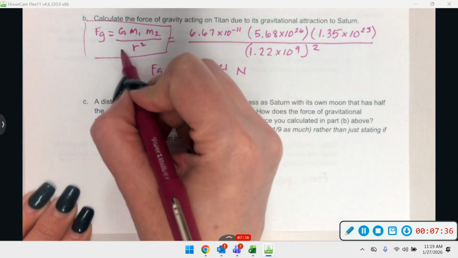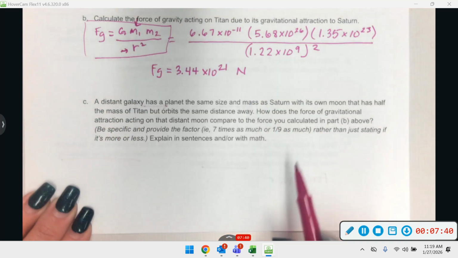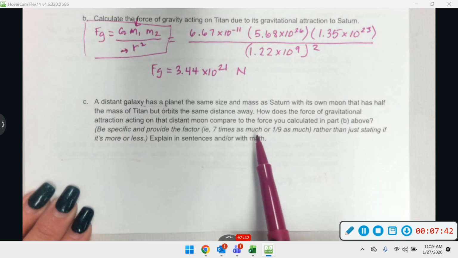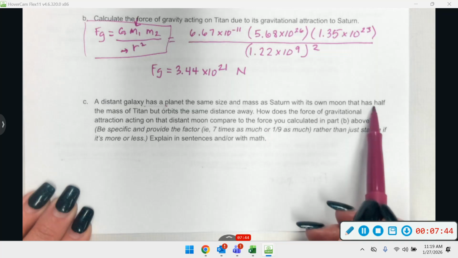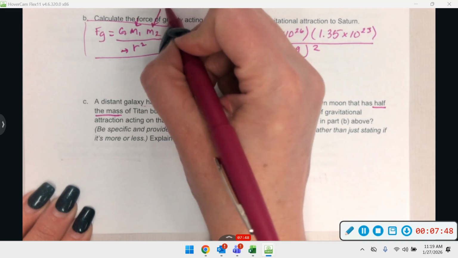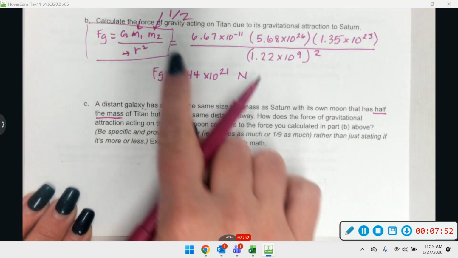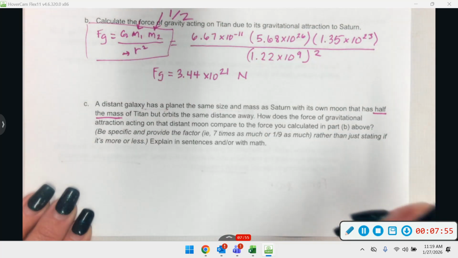So we're not going to change R, we're not going to change M1, but it does tell us that the moon has half the mass. So we are going to be looking at a scenario where we have half as much of the mass of the moon. Everything else is the same.